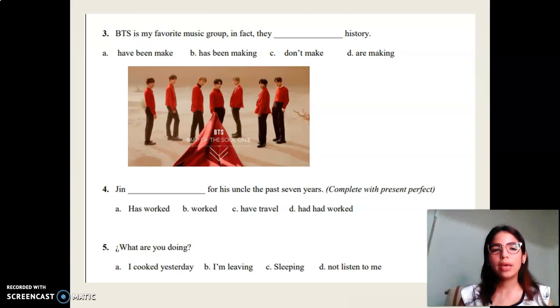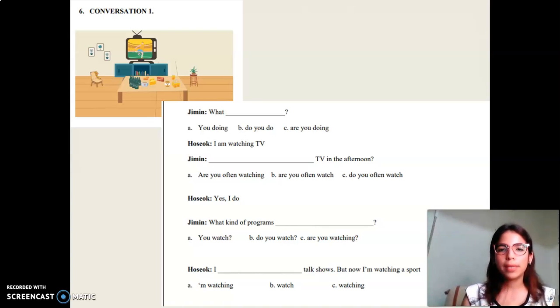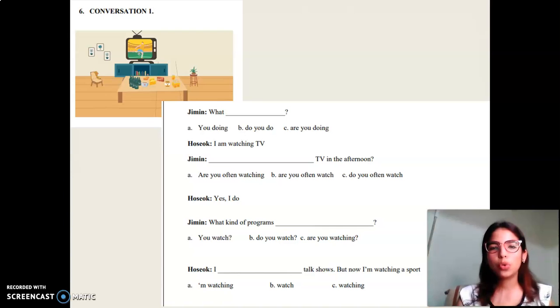Okay, and also we have some other aspects. For example, to complete a conversation, as you can see, I also include some images that can help the student to be more into the context of the conversation. And as you can see, they have to complete it taking into account the correct option.